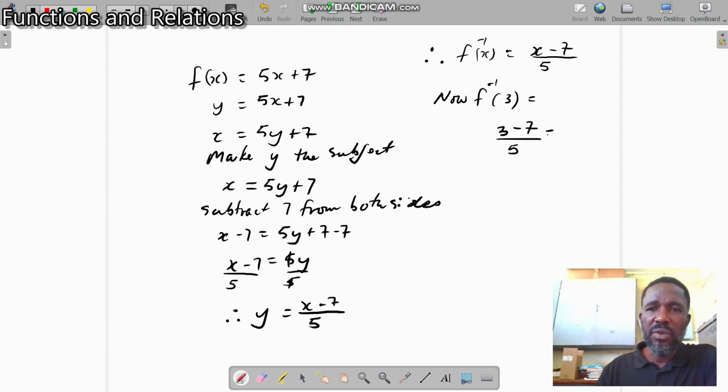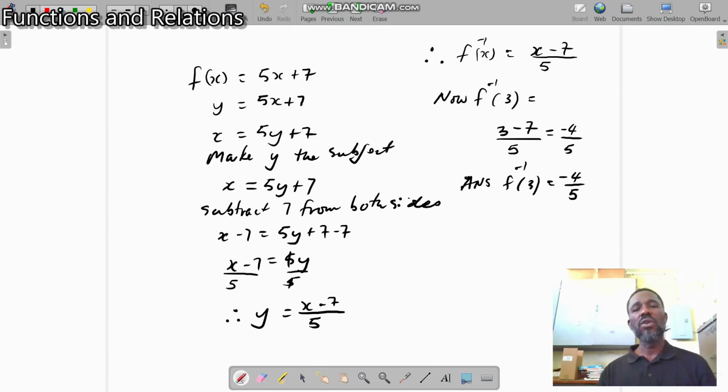That would equal -10 over 5. So therefore, our answer is f inverse of -3 is equal to -2. And that is how we would have approached a question like this.